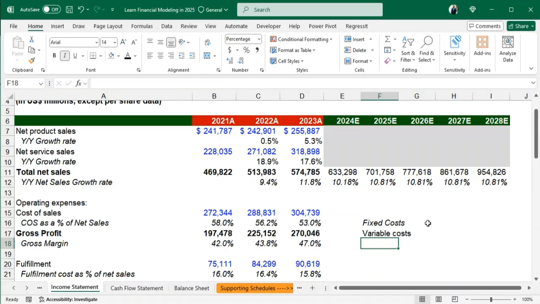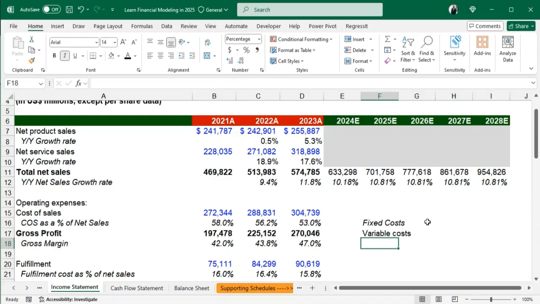Then we also have variable cost. Variable cost changes directly in proportion to revenue or growth. In other words, if revenue is increasing by 10%, then variable cost will also increase by 10%, all other things being equal.